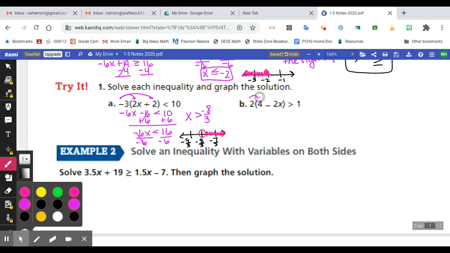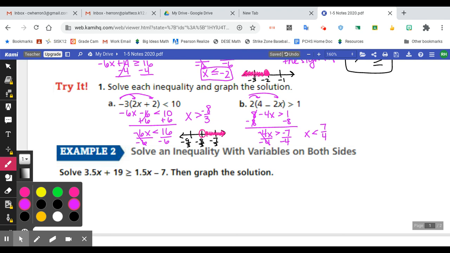Same thing here. Let's distribute both of these, and we've got 8 minus 4x is greater than 1. Subtract 8 from both sides. -4x is greater than -7. Divide by -4 on both sides. And x is less than, and then again, this is not going to come out even, so 7/4.